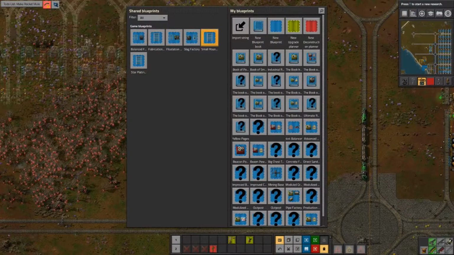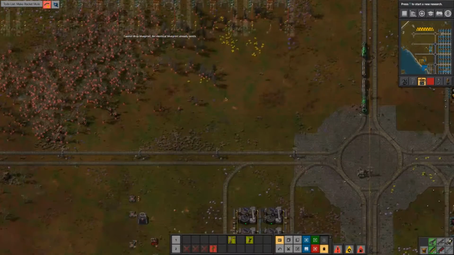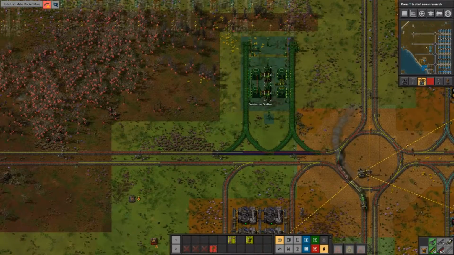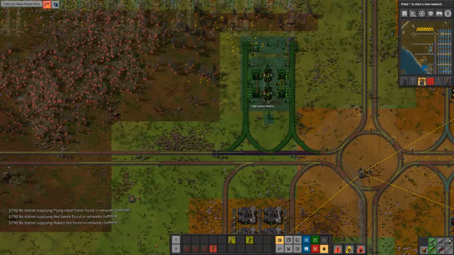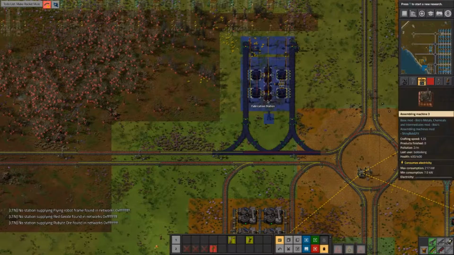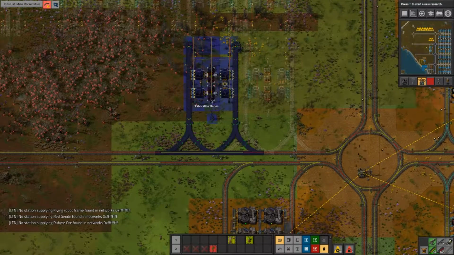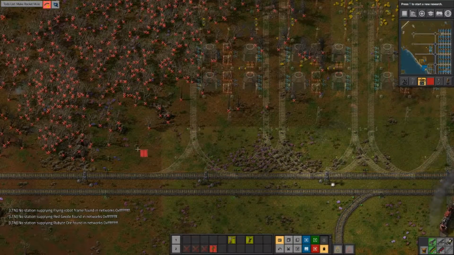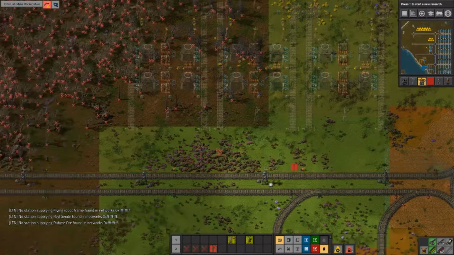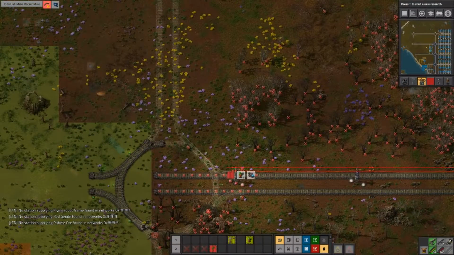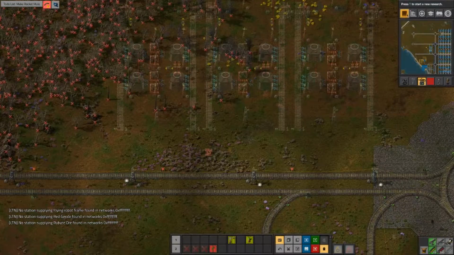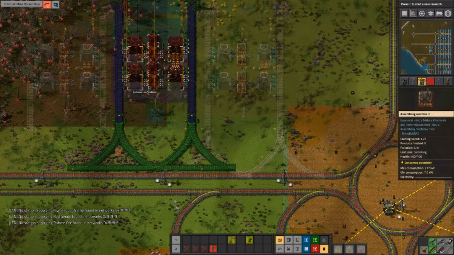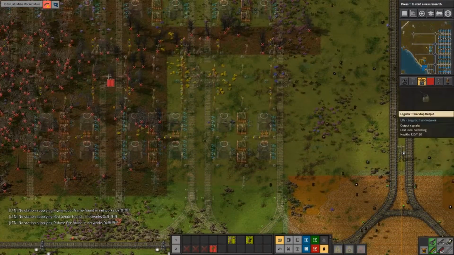Let's also add some down here. Not the balance station, the fabrication. Yeah, it fits like a glove. Have one of these. Oh, that. Oh, God.